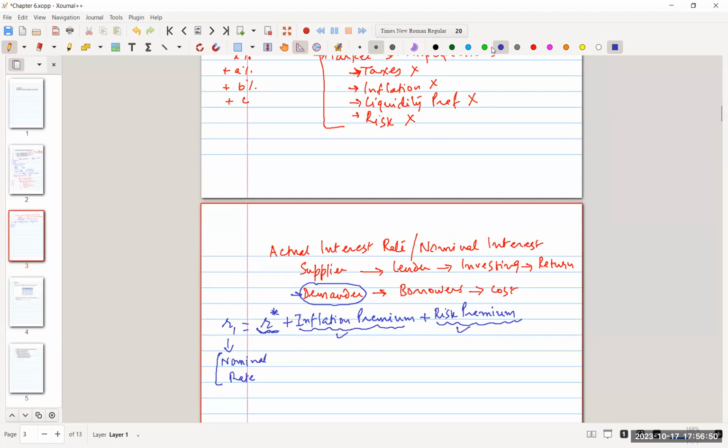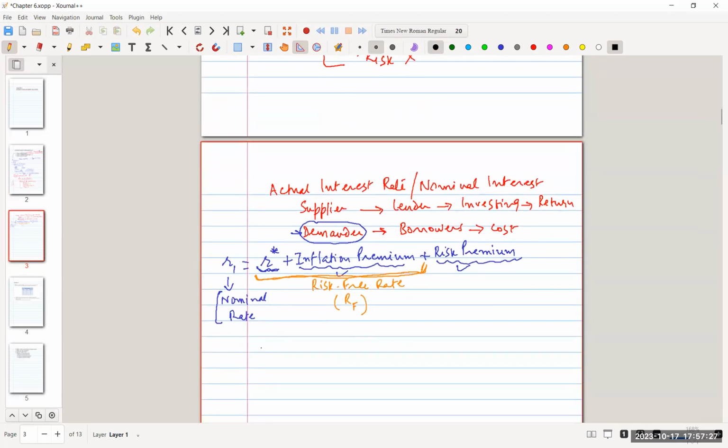Another thing you can do is combine these two, the real interest rate plus the inflation premium, and use just one term for them, and that is the risk-free rate, often denoted as R with the subscript F. So another way of writing the nominal rate is R1 equals the risk-free rate of interest plus the risk premium.